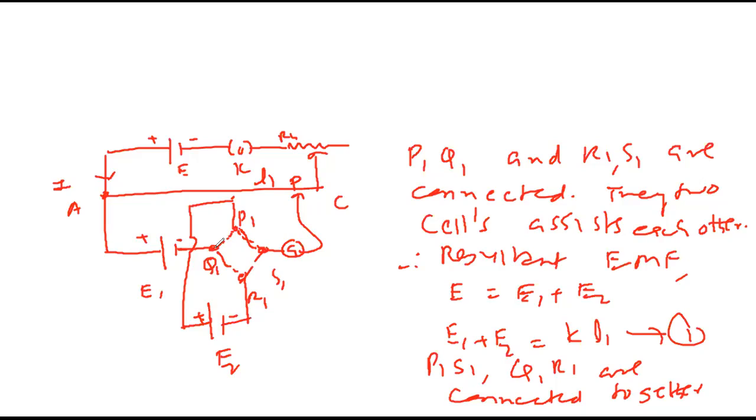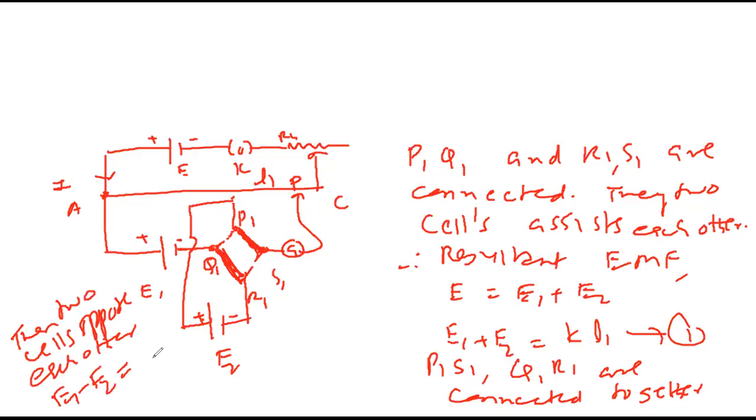Then Q1 R1 and P1 S1 are connected, so negative will get connected to negative, and the two cells oppose each other. So E1 minus E2 will become K L2, equation 2.